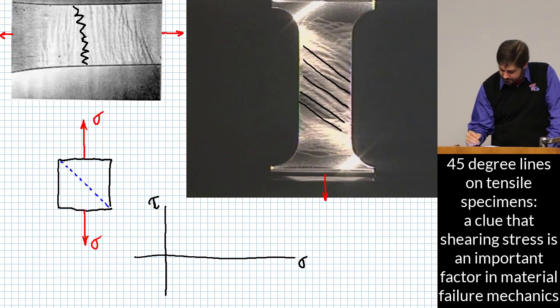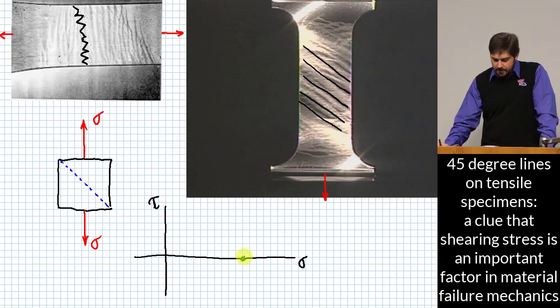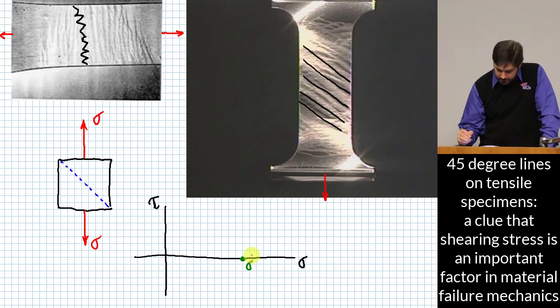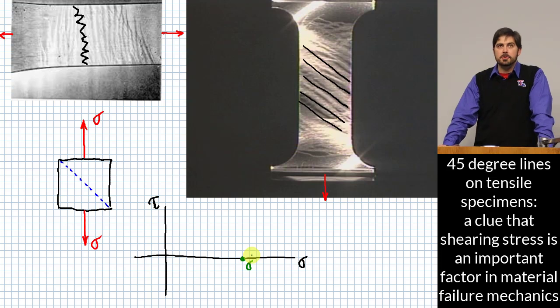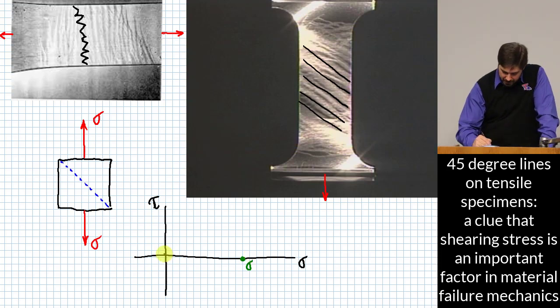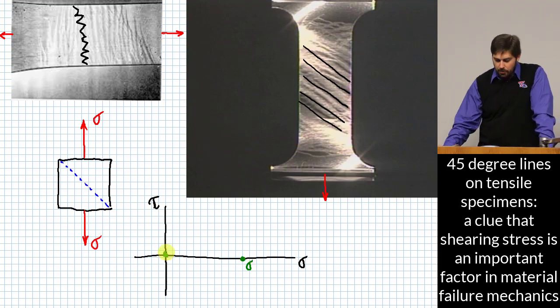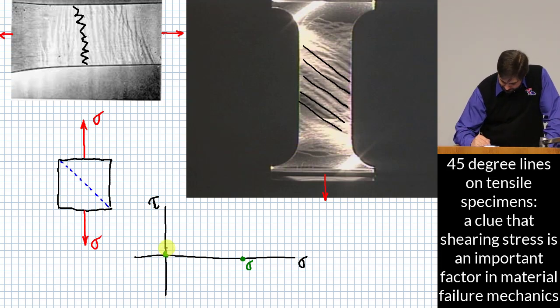What would you think? Whatever that stress value was would be here in one direction. In the other two principal directions, we'd be at 0. So what would our Mohr circle diagram look like? Just one circle.